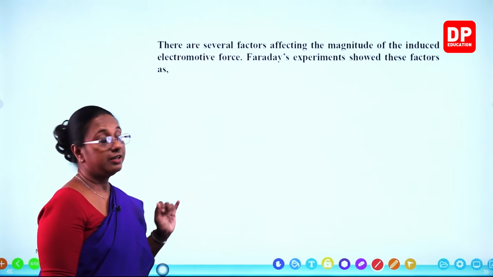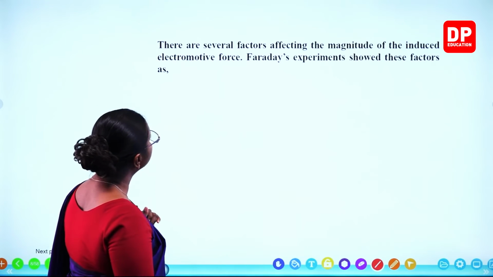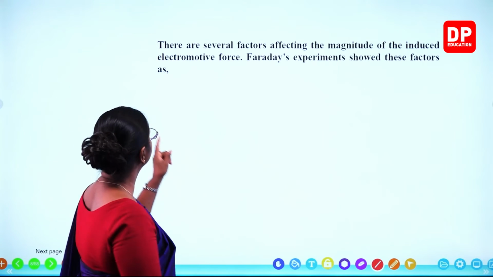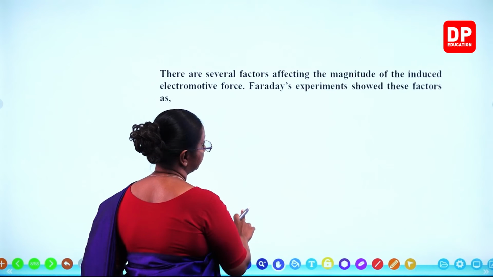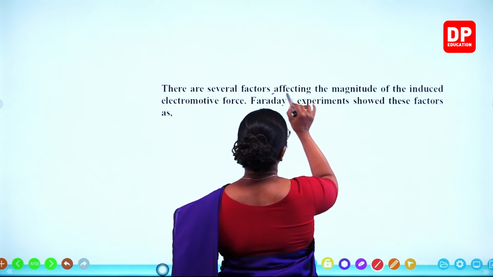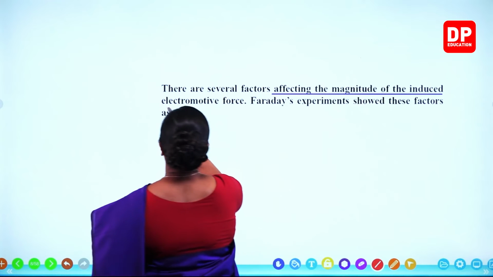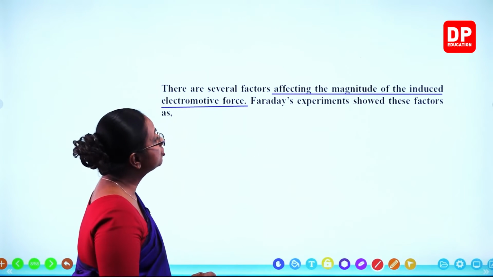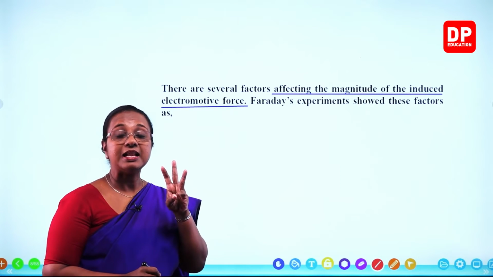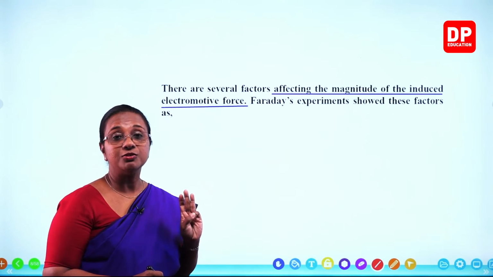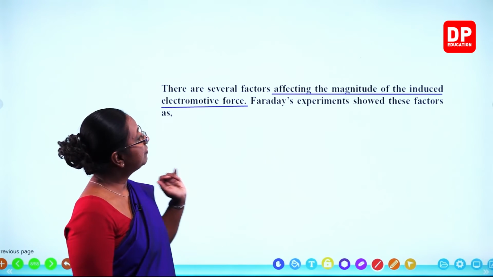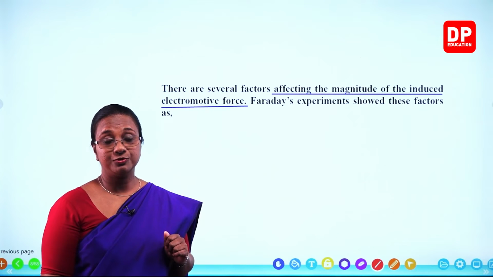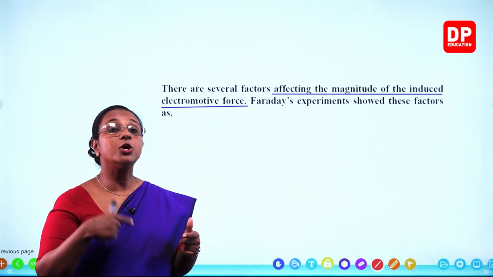So, based on that, if we try to understand, there are several factors affecting the magnitude of the induced electromotive force. Faraday's experiments showed these factors, and there are three factors. We will try to understand them one by one. Now, you can remember we had the coil.